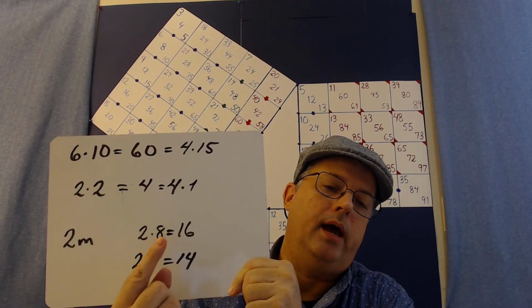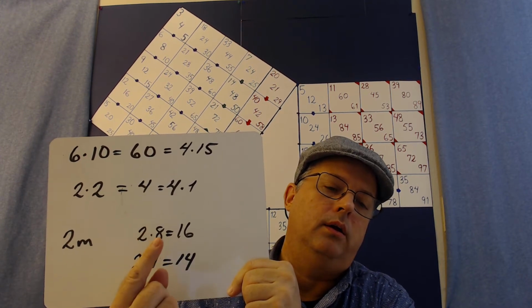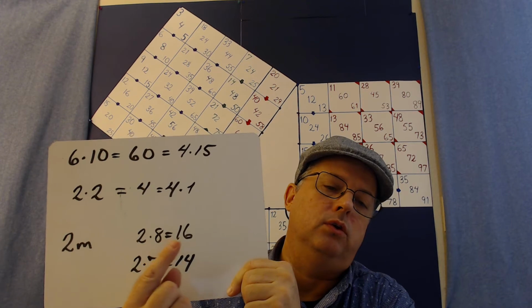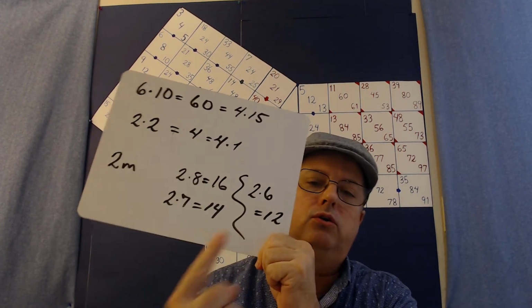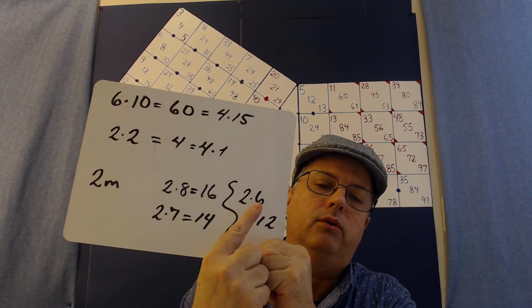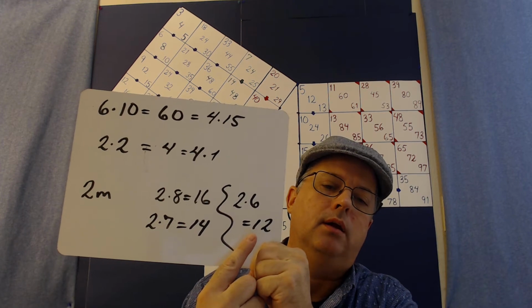Of course, when we have another even number, like 2 times 8, we get 16, or for instance, if we have 2 times 6, we get 12. And so as long as we have an even number and another even number multiplying together, we're going to get a multiple of 4.